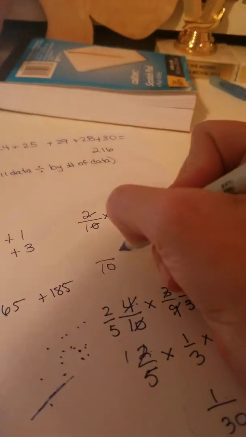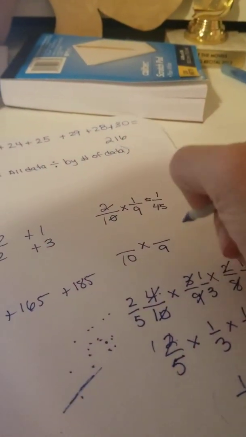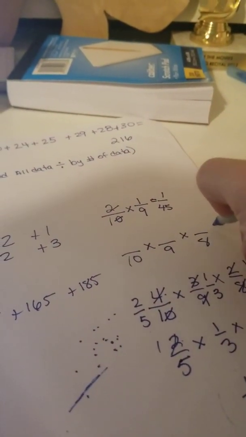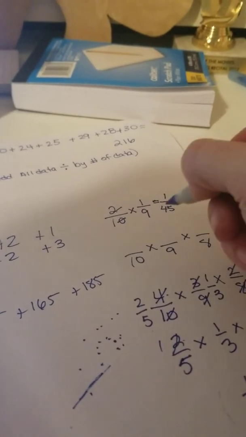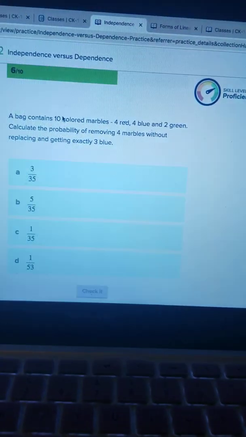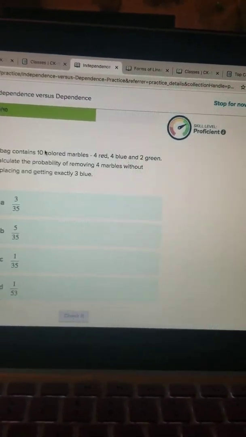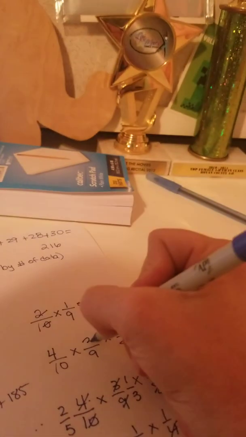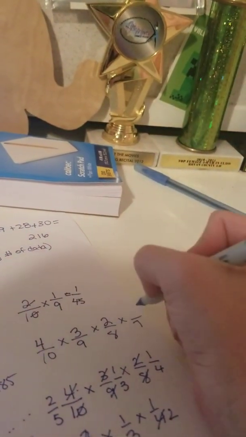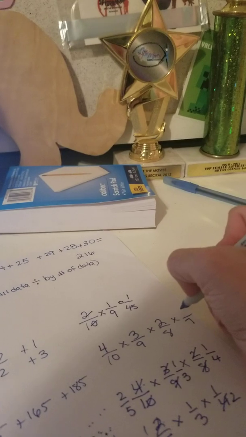So 10, 9, 8, and now we're left with 7 marbles if we did it 4 times. 3 blue: blue, blue, blue. Well, we would have had 4, then we would have had 3, then we would have had 2, and then 1.